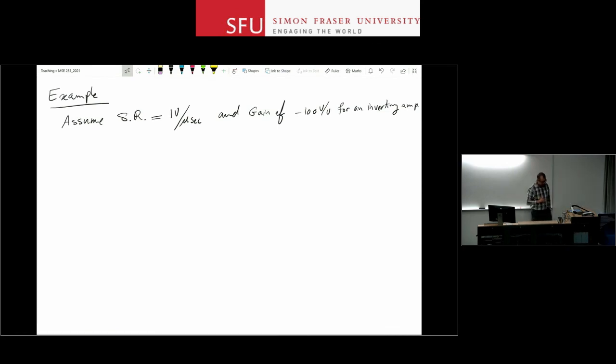Now, the second part of the question asks: what is the maximum signal amplitude if we want to have a distortion-free amplification, meaning that we don't hit the nonlinear limits, for a distortion-free amplification over the entire bandwidth of the device? What is the maximum?